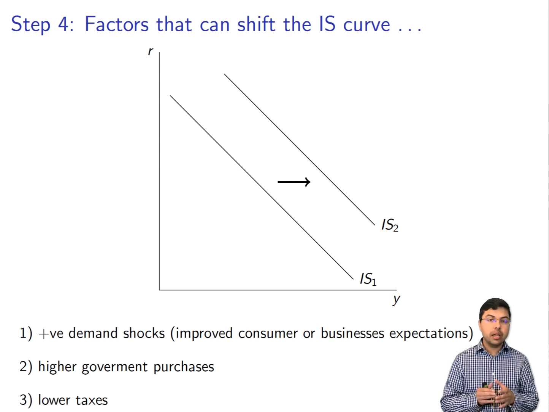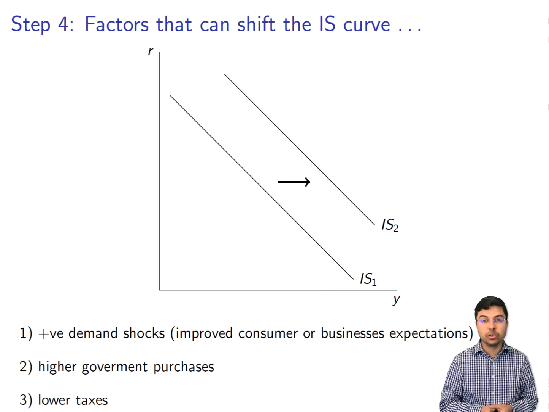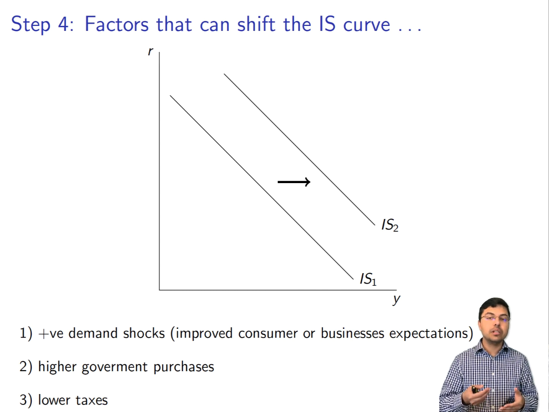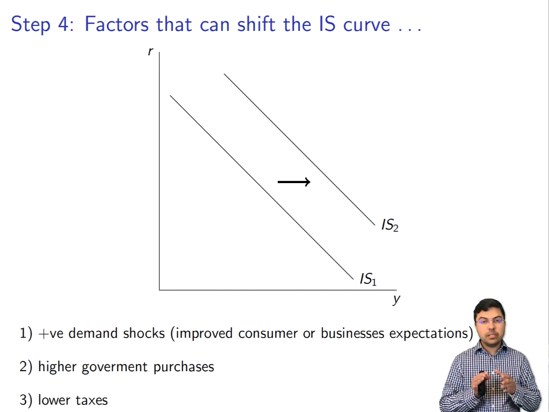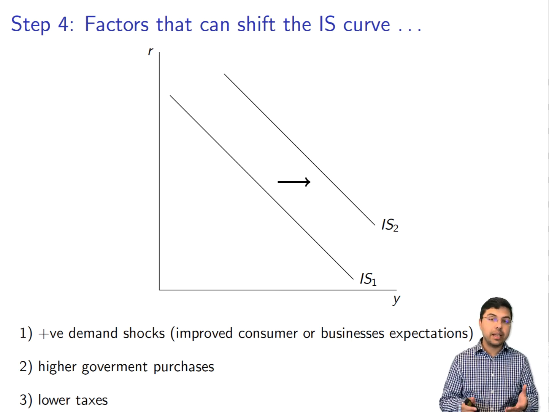For example, if the economy experiences a positive demand shock, like improved consumer or businesses' expectations, then the output is higher for any given real interest rate, and as a consequence, the IS curve shifts to the right. Similarly, higher government purchases or lower taxes imply that for any given level of real interest rate, the aggregate output is higher in equilibrium. Hence, the IS curve again shifts to the right.